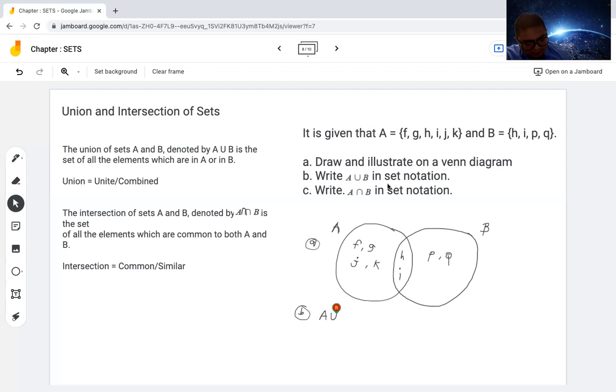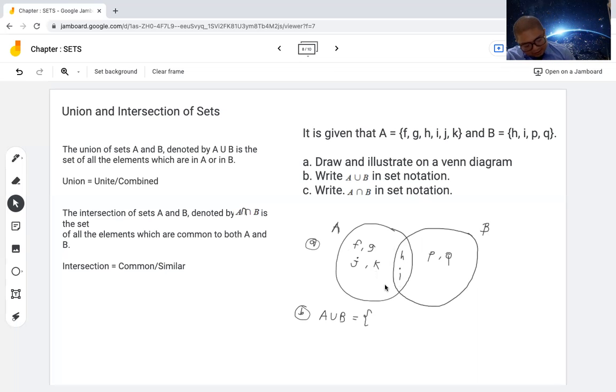So A union B, again, when we write it down, we have to put an equal sign and open and close brackets. Inside the brackets, we are going to write the elements of the following. When we say union, that means we are going to unite them. So all we need to do is see what elements we can find in the two circles combined.